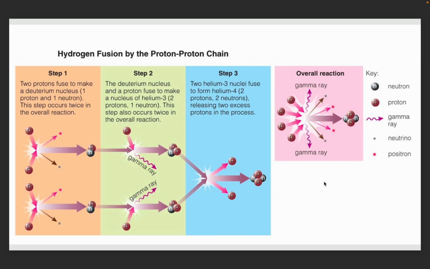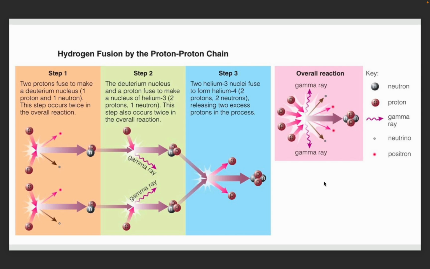So now how does this reaction happen? There are 2 protons. The 2 protons get merged, and in this process deuterium nuclei are produced. Other than deuterium nuclei, positrons and neutrinos are also produced.